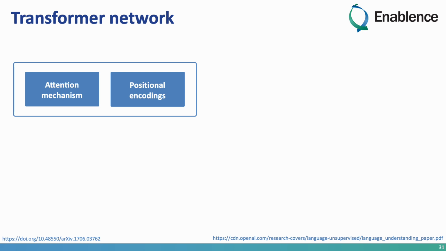The most prominent application of this architecture is ChatGPT, and its fame is well justified due to its revolutionary effect on various natural language processing tasks. The transformer network architecture in its simplest form can be described as a deep neural network that incorporates two key components: an attention mechanism and positional encodings.